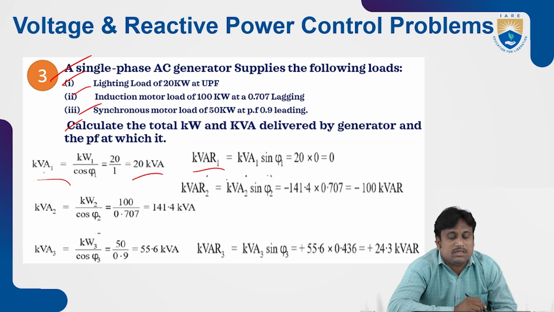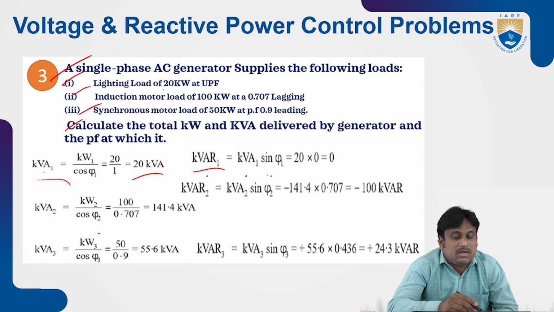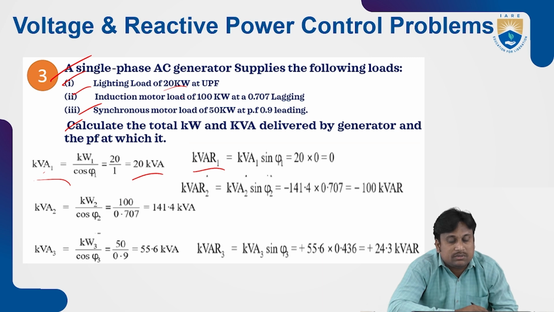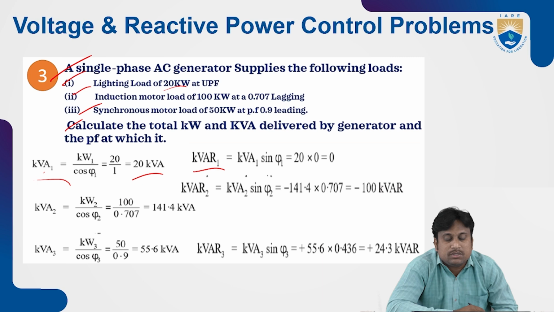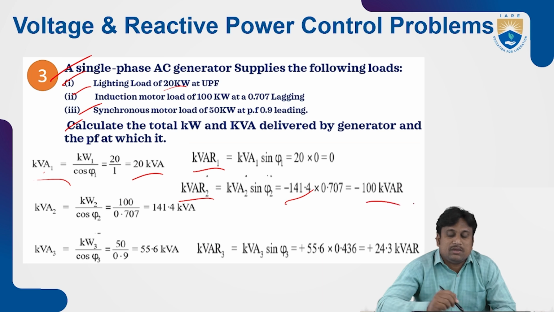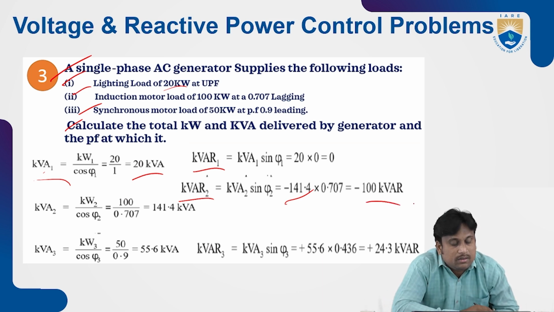So kVAR 1 equals kVA 1 sin phi 1. kVA 1 is 20 into sin phi 1, which is 0, so kVAR 1 becomes 0. kVAR 2 is kVA 2 sin phi 2. kVA 2 is 141.4, multiplied with sin phi 2, which is 0.707. So this will give minus 100 kVAR.